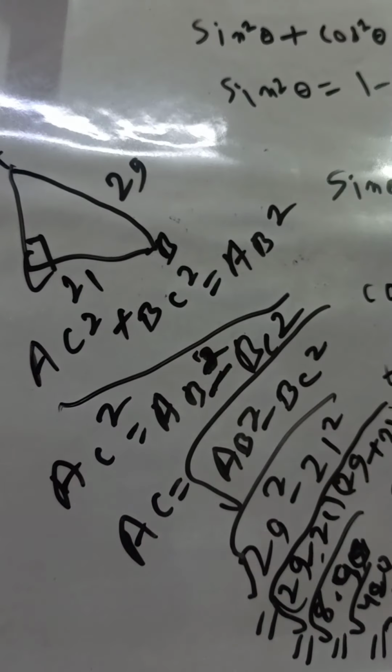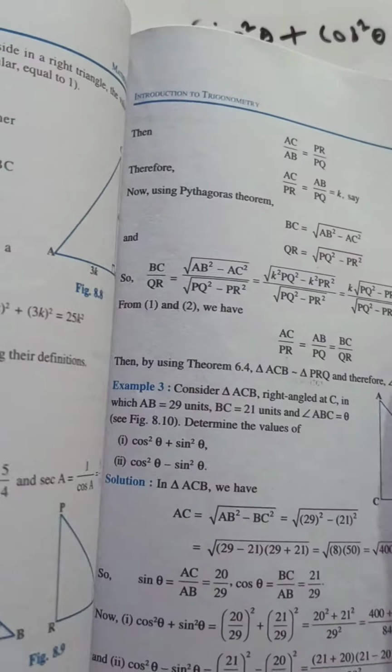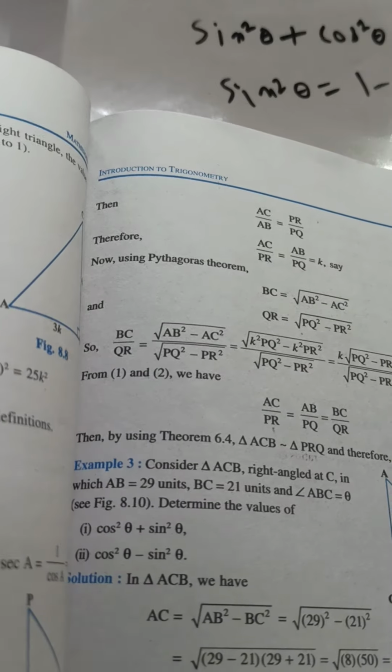Cos theta from this formula only you can get it, and solve it by yourself. If any doubt, we will discuss tomorrow. Just see the example here by yourself. In the book itself it is clearly given.